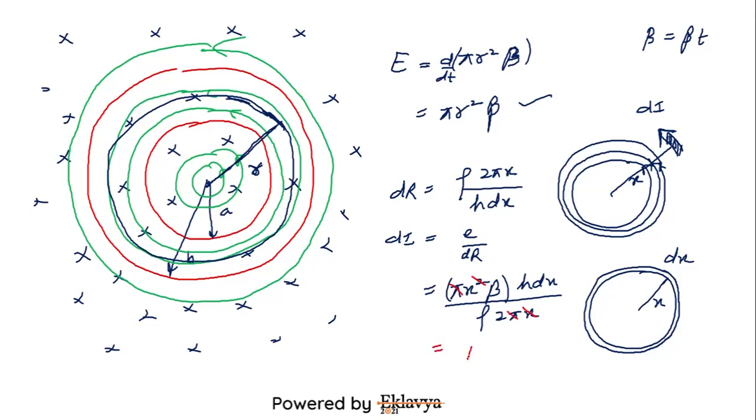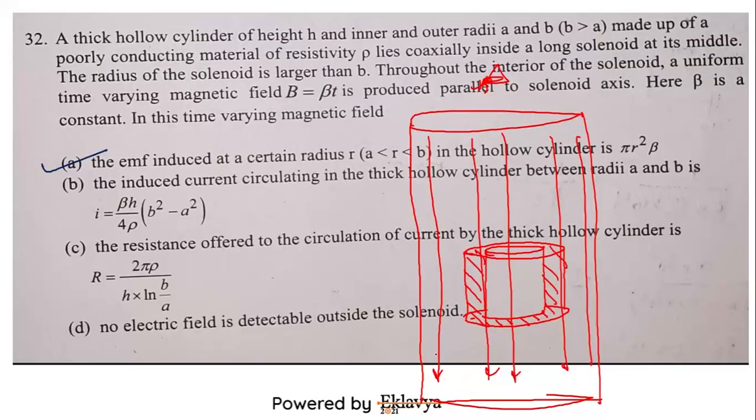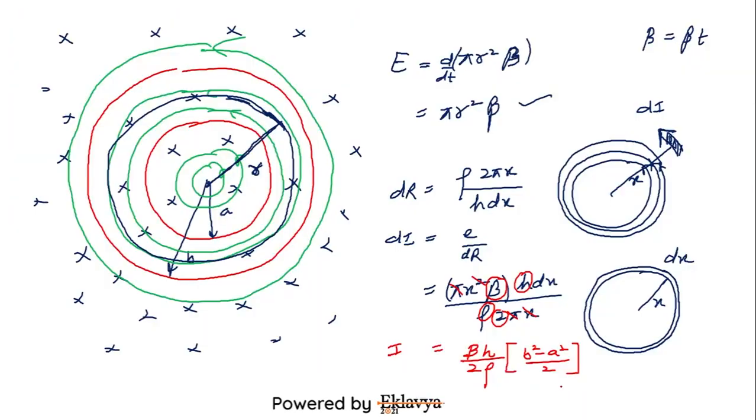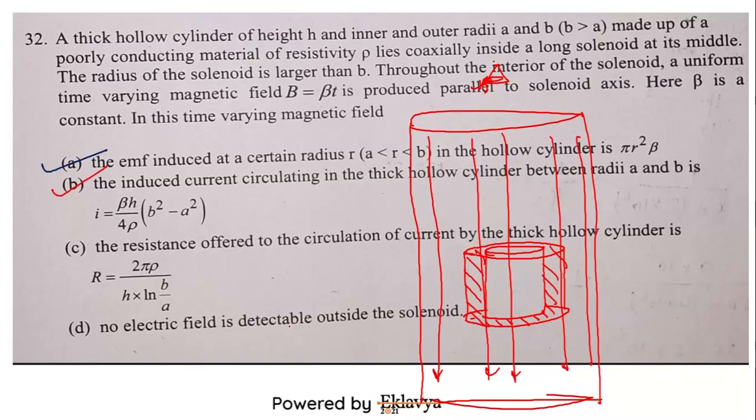We will be left with beta into h by 2 pi rho, and then we integrate x dx, with the limits from a to b. We'll get b square minus a square by 2. So beta h upon 4 rho, b square minus a square. So this option is also correct.